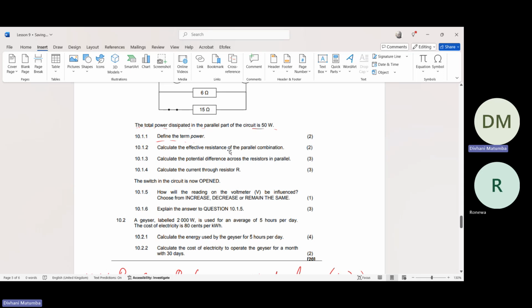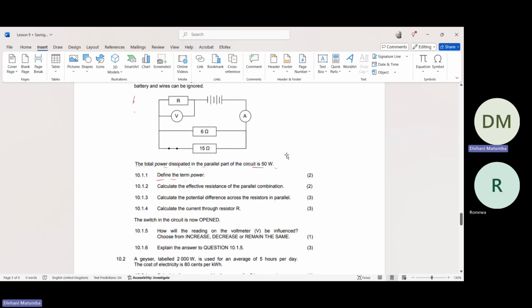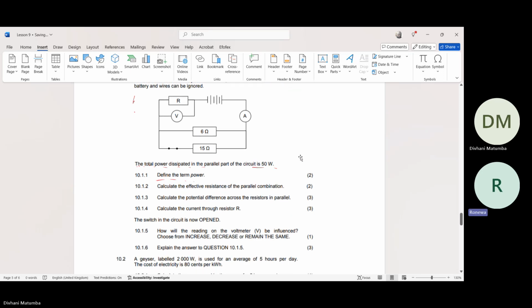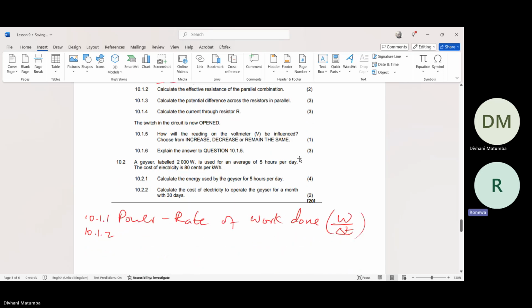Calculate the effective resistance of the parallel connection. Okay, so we know the formula is 1 over RT equals 1 over R1 plus 1 over R2 plus etc.